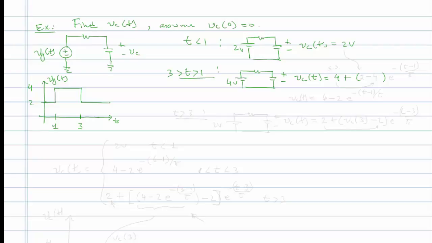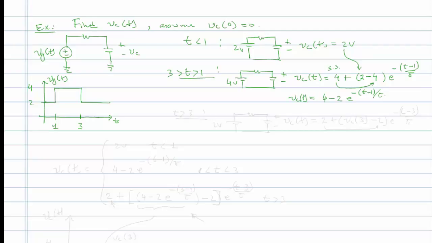So our initial condition is 2, minus 4, which is our steady state value, times e to the minus, and because this step happens at 1, (t minus 1) over tau.